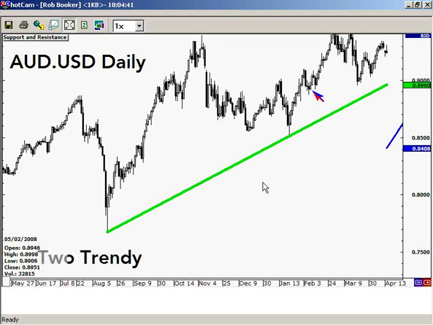If you start from the 240-minute chart, you would drop down to the 1 hour. If you start with the 1 hour chart, you would drop down to the 15-minute. If you start with a 15-minute chart, you drop down to the 5-minute. If you start with a 5-minute chart, you would drop down to the 1 minute chart.